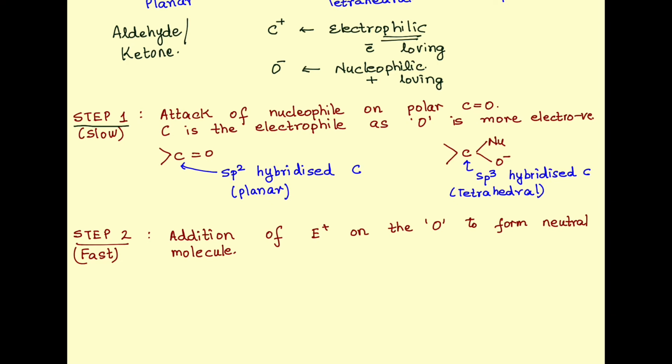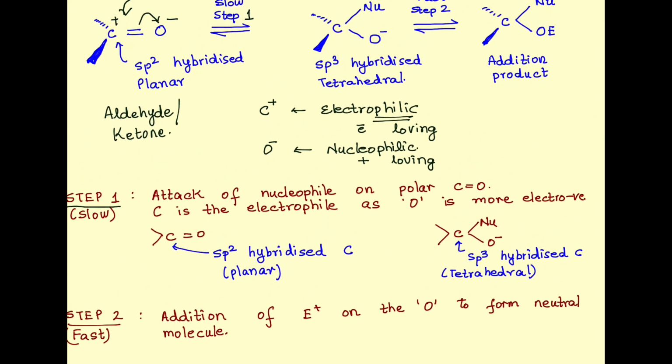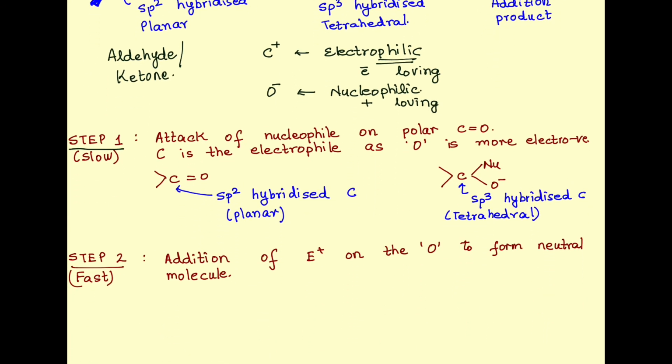So the first step is attack of nucleophile on polar C double bond O. C is the electrophile, O is more electronegative, so it's the nucleophile. sp2 hybridized carbon changes to sp3 hybridized carbon. Planar changes to tetrahedral. Yes, you notice over here, I am not putting the dashes and the wedge over here. I have tried to simplify things for easy understanding.